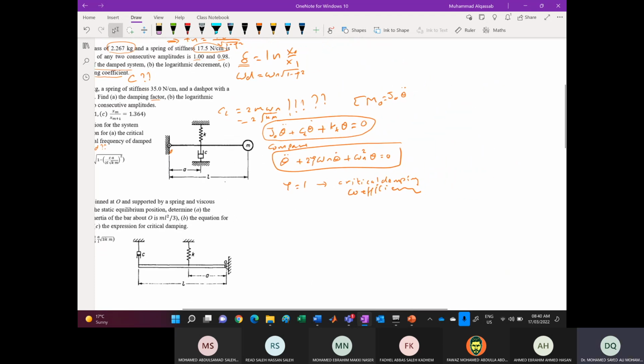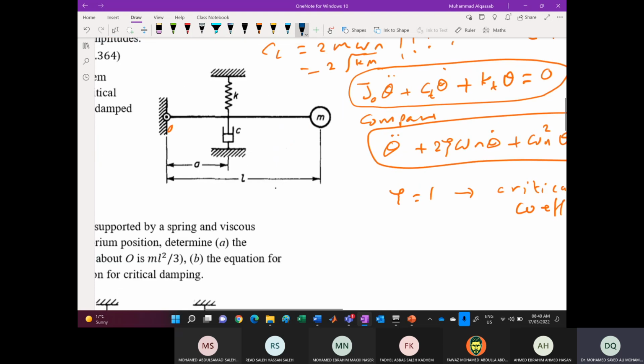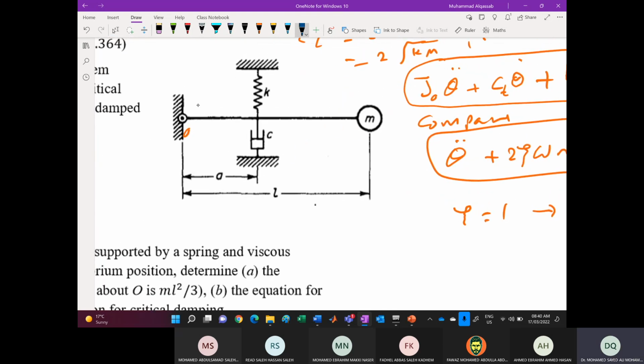Okay, so now we will see. Hopefully, this will be clear when we solve this together. This is a pivot point, as you can see, so it only carries OX and OY. At the equilibrium position, we don't put the weight, as you know, because for equilibrium, this will have K delta, and this will have mg.